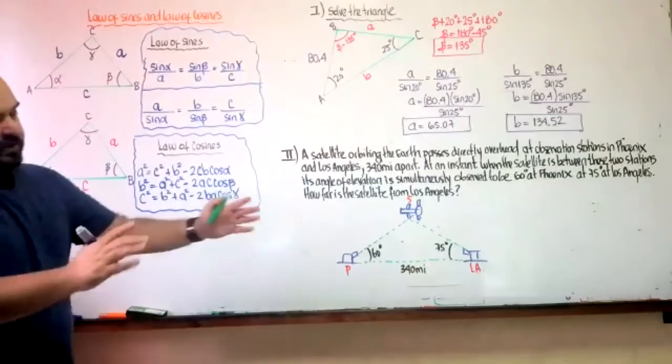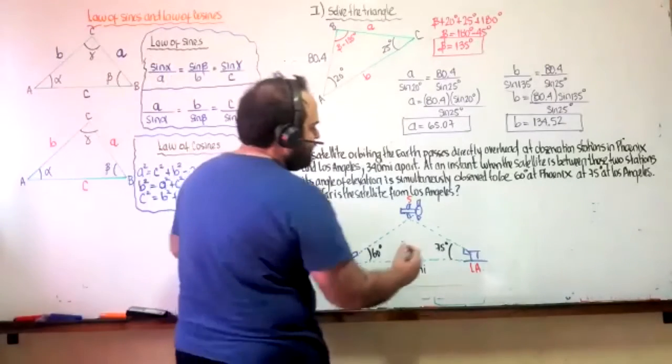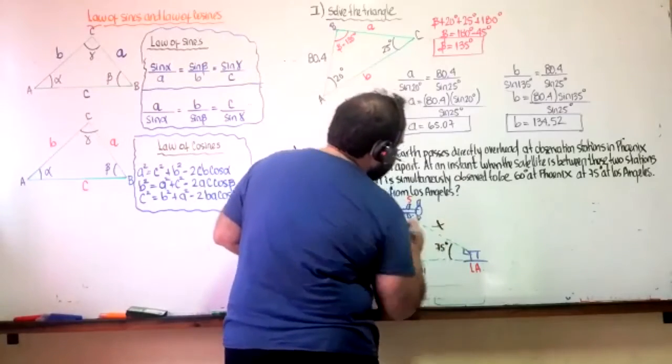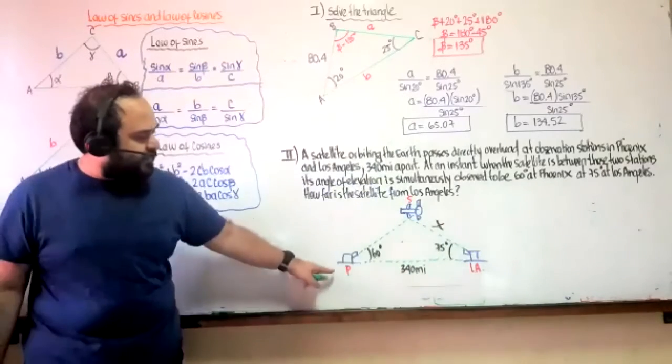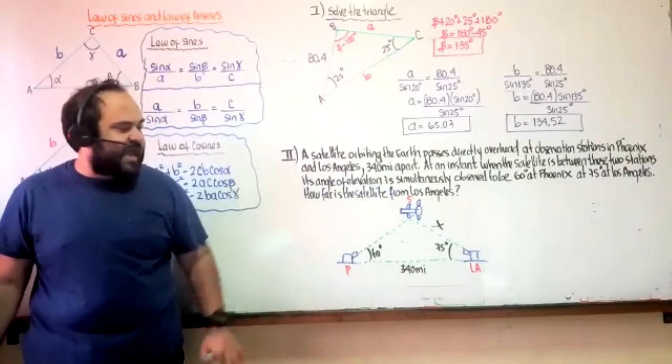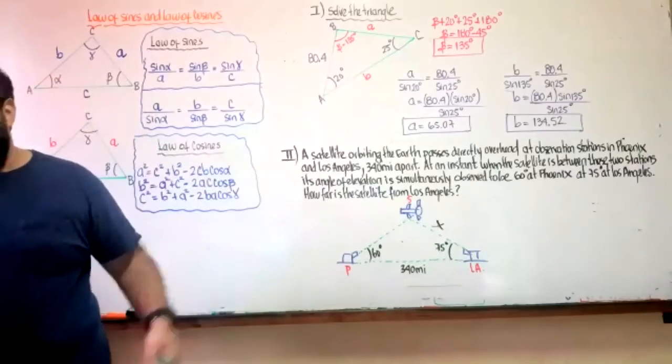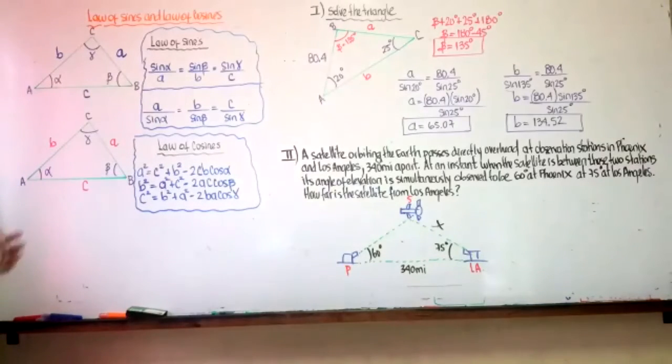In this case, they're probably asking only for this letter x. Or you can put a label like P, it doesn't matter. You can create a picture of the situation.